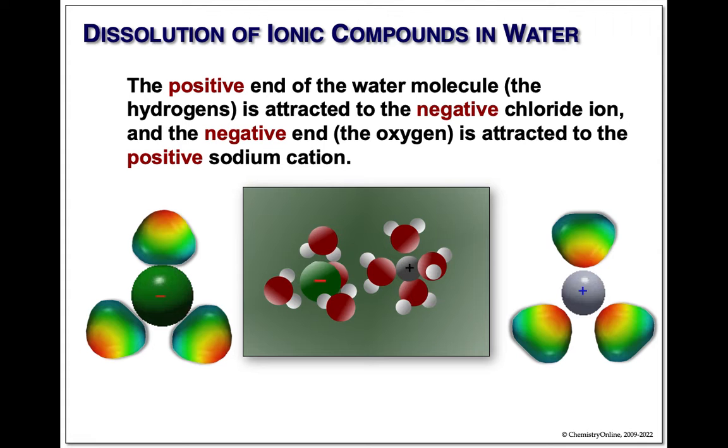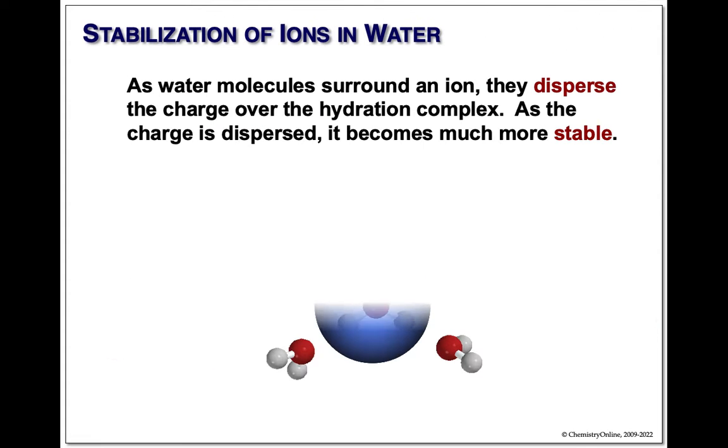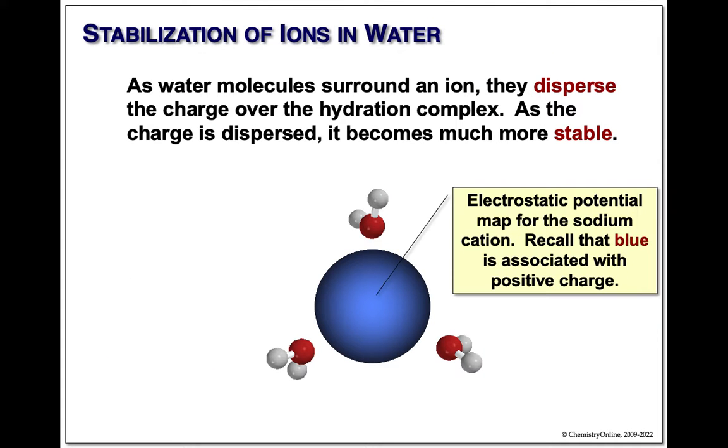We can show this, again, using electrostatic potential maps. This represents our sodium cation. The blue is associated with the positive charge. I have placed 3 water molecules around it with the negative ends pointing in.